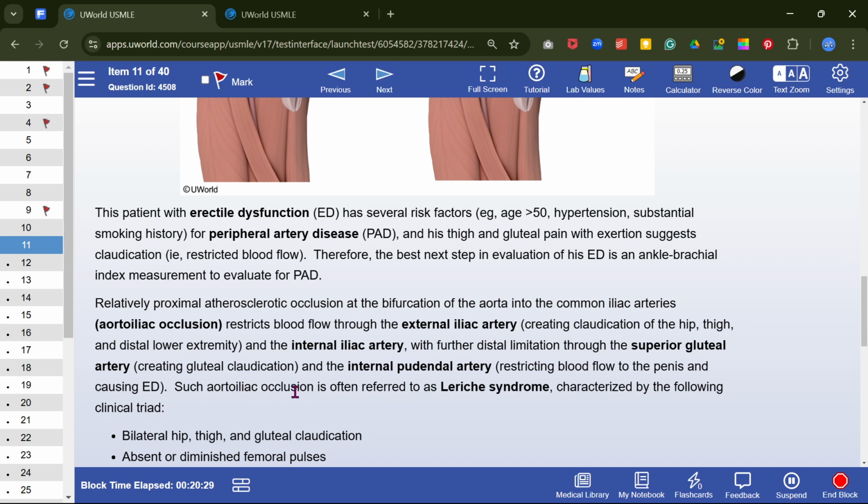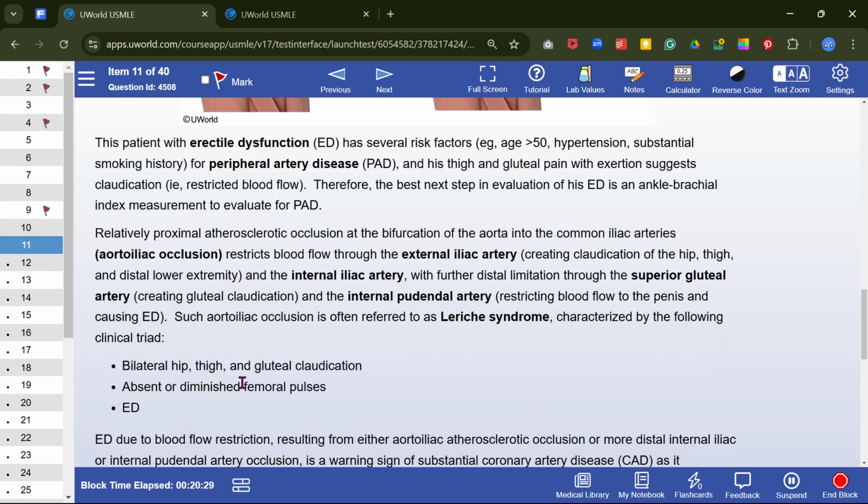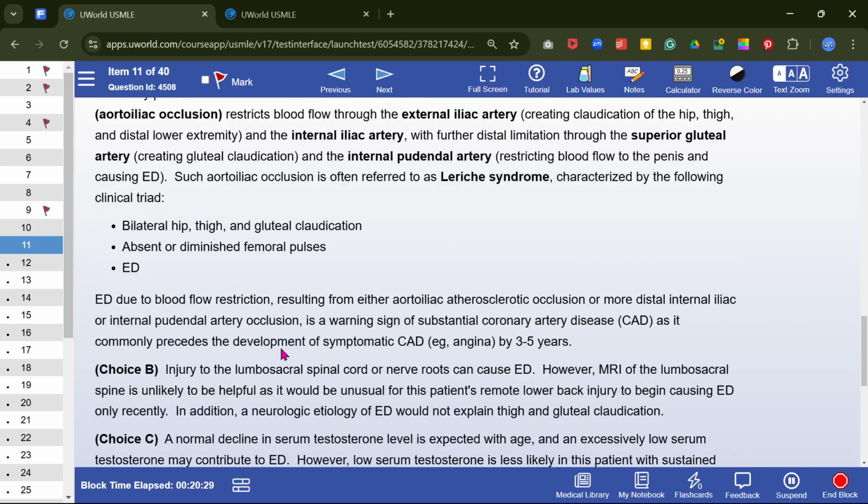Such aorto-iliac occlusion is often referred to as Leriche syndrome, characterized by a triad: bilateral hip, thigh, and gluteal claudication, absent or diminished femoral pulse, and erectile dysfunction.